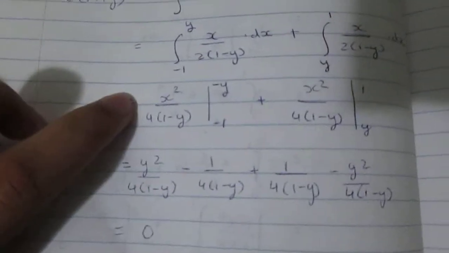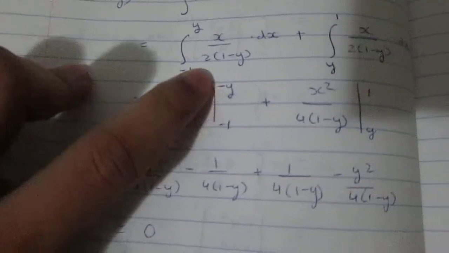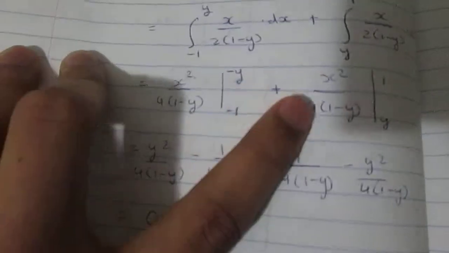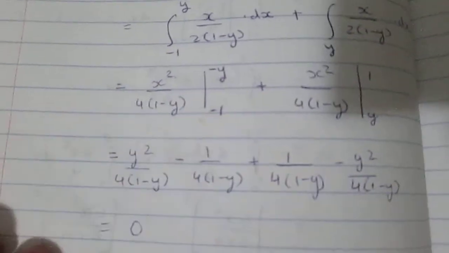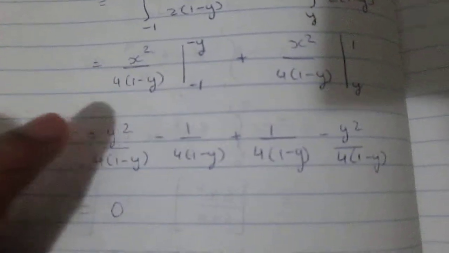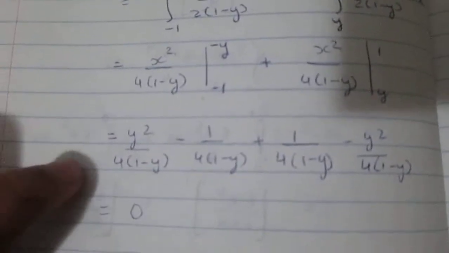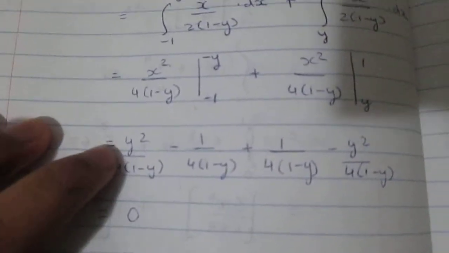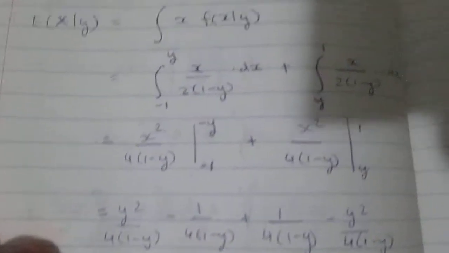So we should get something like x square by 4(1 - y), with limits minus 1 to minus y, and x square by 4(1 - y) again, with the integral from y to 1. So once we substitute all the values and find the summation, we should get it to be 0 again, because it is again an odd function.